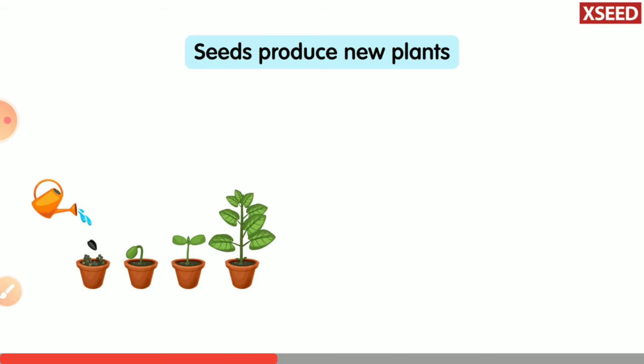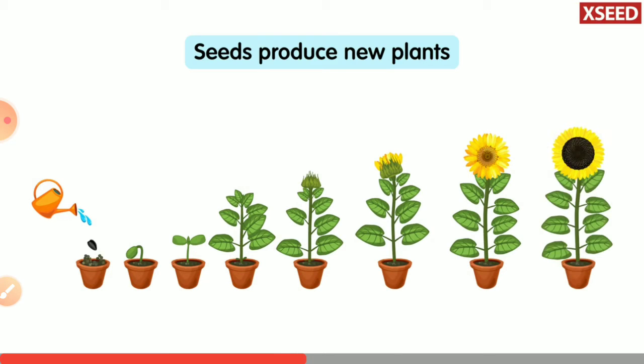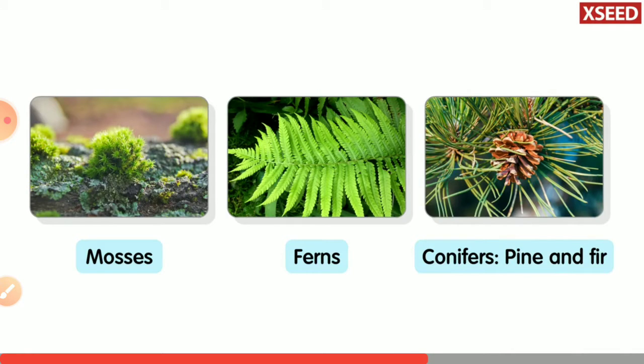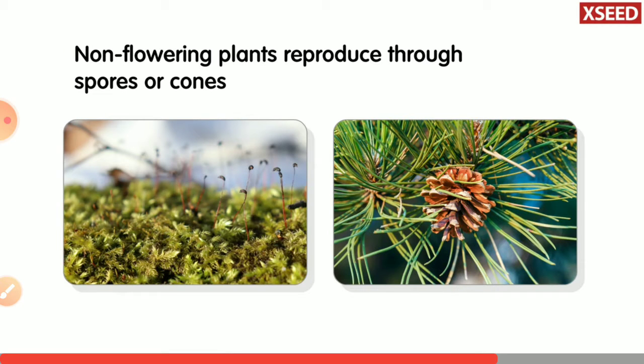Most flowering plants produce seeds, which produce new plants. Mosses, ferns, and conifers are some plants that do not have flowers. Most non-flowering plants reproduce using special structures like spores or cones.